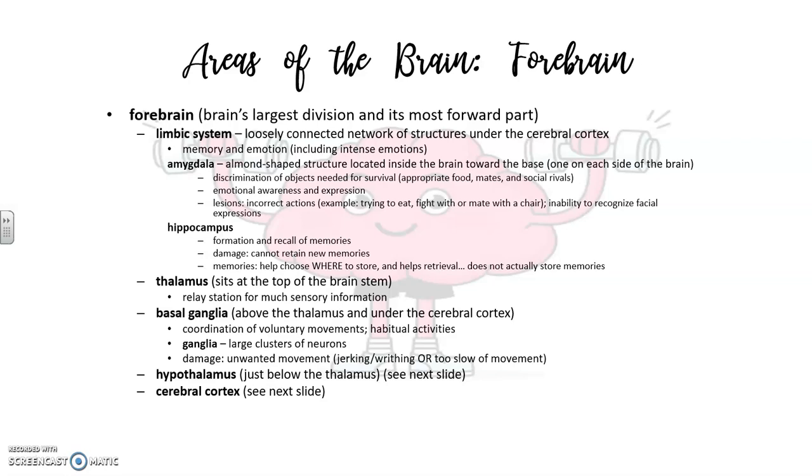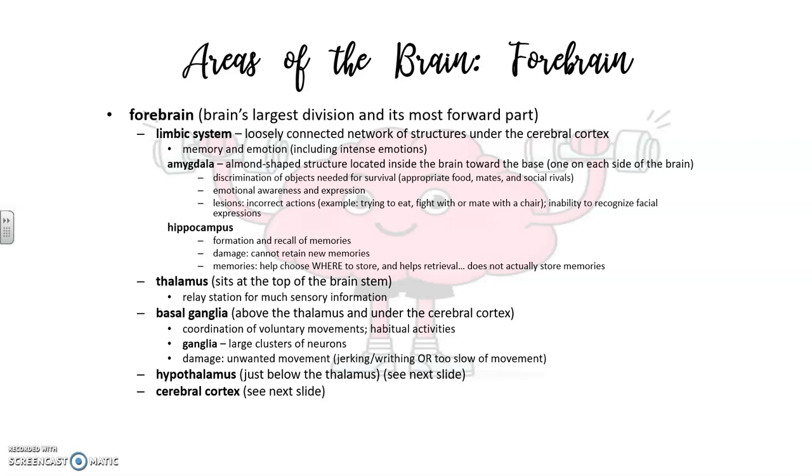A way to help remember hippocampus, if you guys have ever heard of the saying, an elephant never forgets. A hippo and an elephant are best friends and they'll never forget one another. Which is pretty fun to think about.